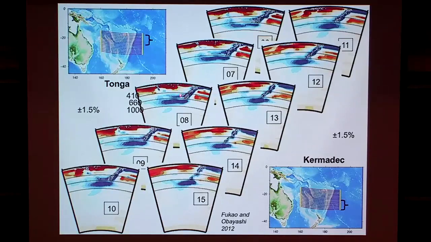If you look closely, you have some seismicity that branches off here and some that goes down here. So this is a very intriguing result: in addition to something happening at 660, there might be something happening at 1,000 kilometers.